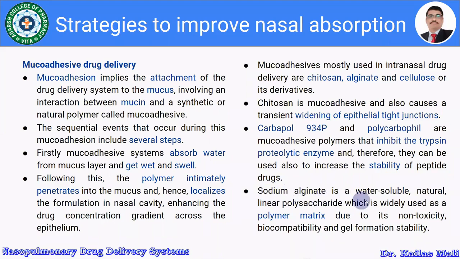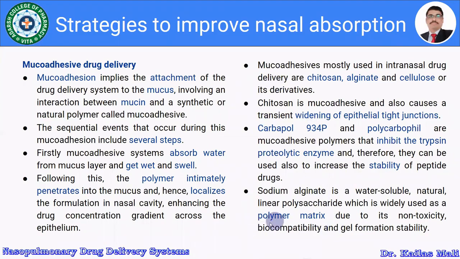Sodium alginate is a water soluble, natural, linear polysaccharide which is widely used as a polymer matrix due to its non-toxicity, biocompatibility, and gel formation stability. So it is possible to prepare nasal gels by using these mucoadhesive polymers.